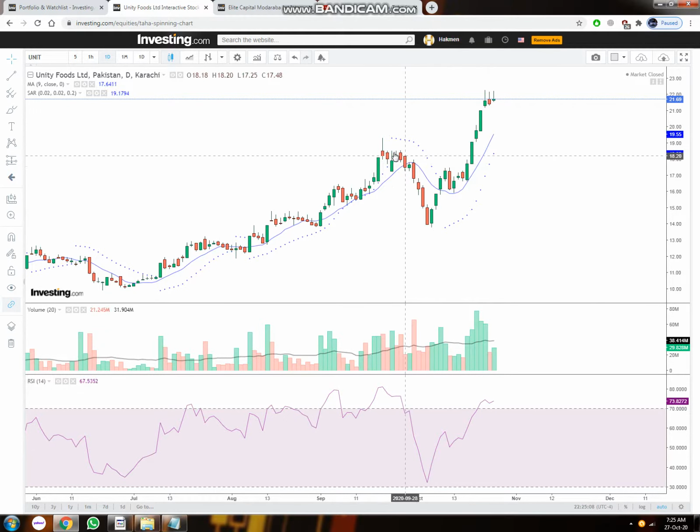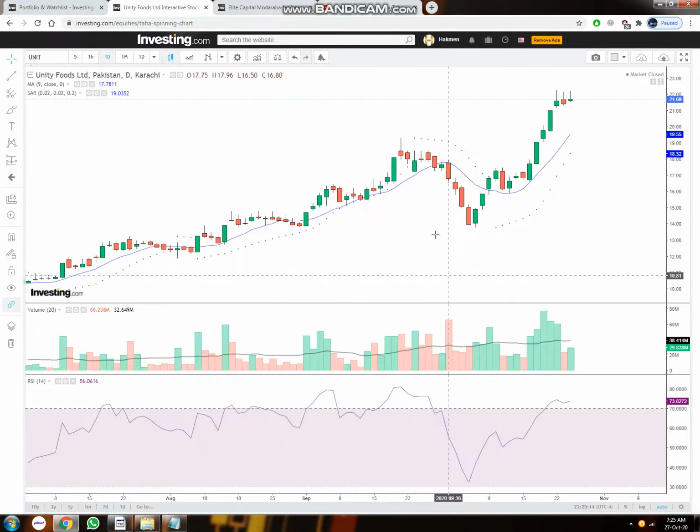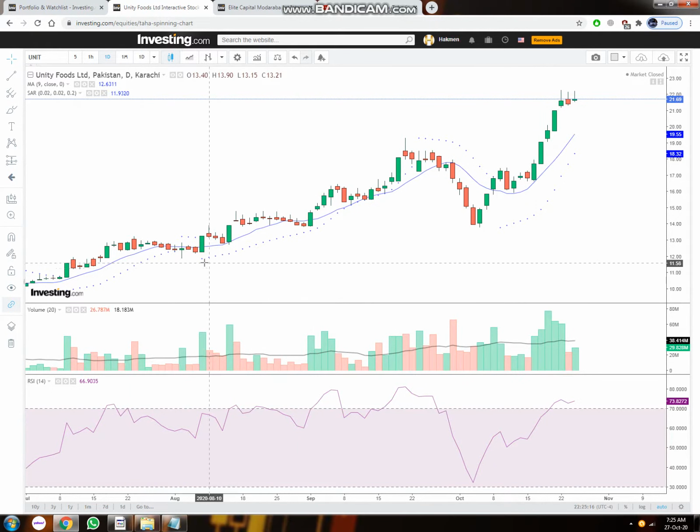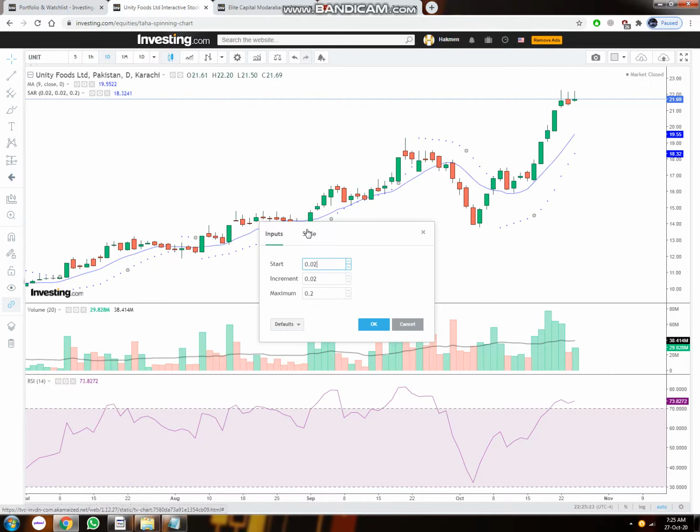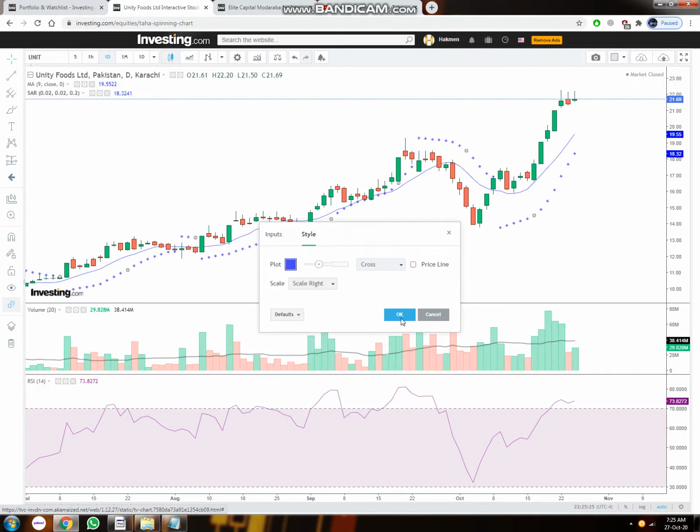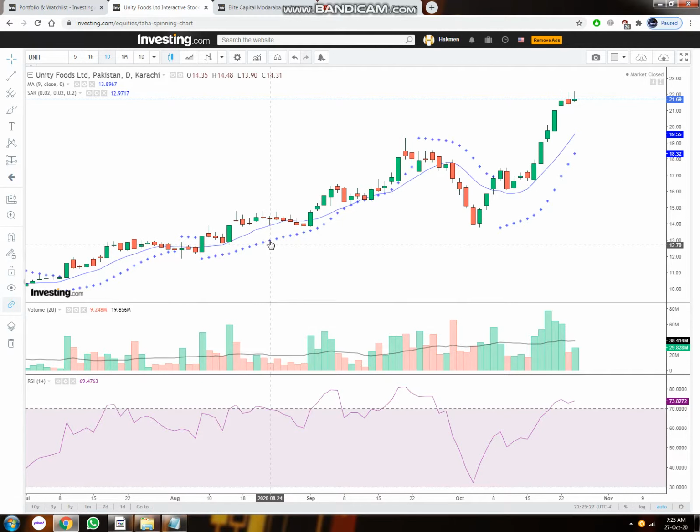In this case, as you can see, the prices are trending in a sideways pattern here. Another method I want to show you is the parabolics. Let me make it a bit bigger. You can see these parabolics are below the candlesticks.